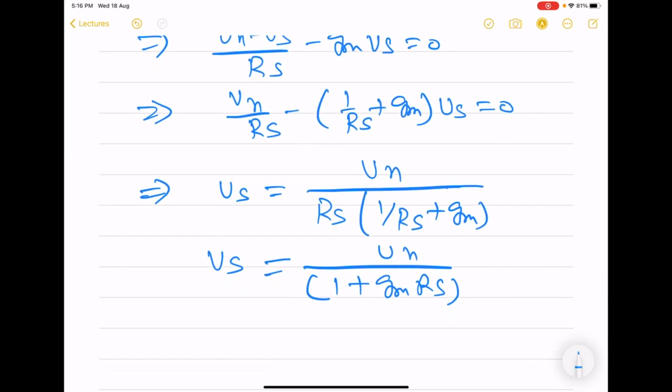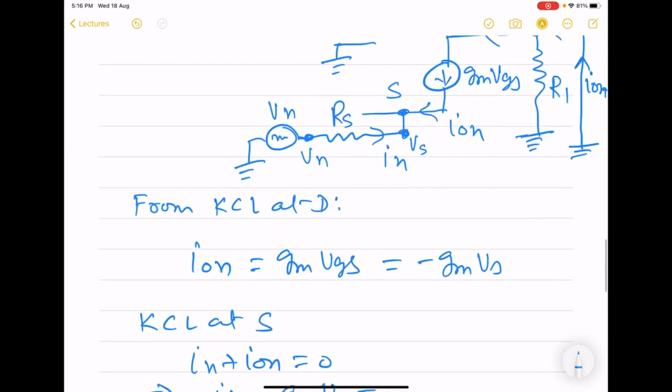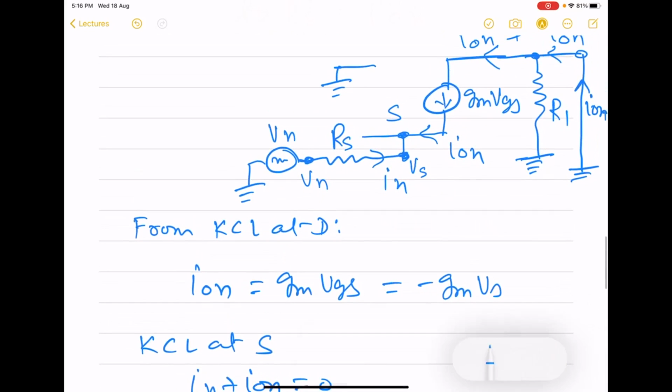We could have arrived at this expression for Vs using a shortcut technique. And here note that the input impedance is Zin.